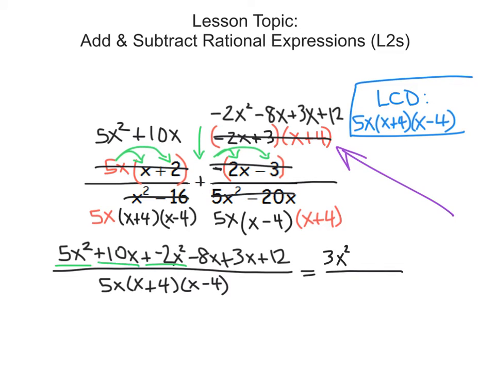And we've got 10x here, negative 8x there, and another 3x here, so that is 5x, so plus 5x. And then lastly we have this 12 as our constant. In the denominator we have 5x times x plus 4 times x minus 4.